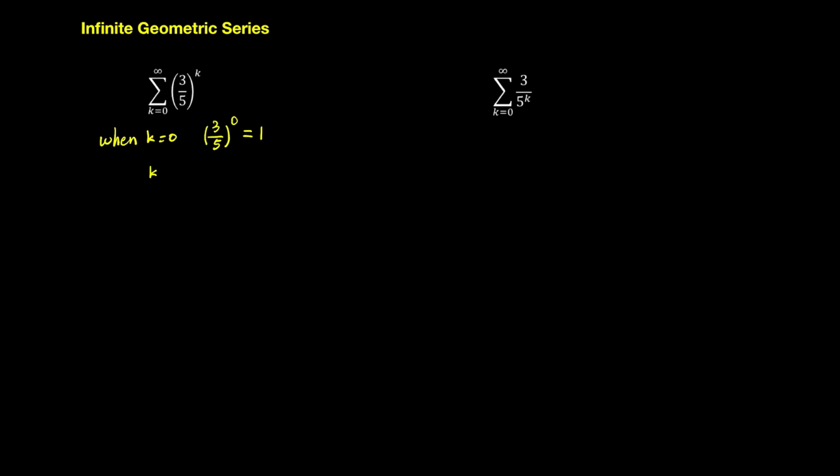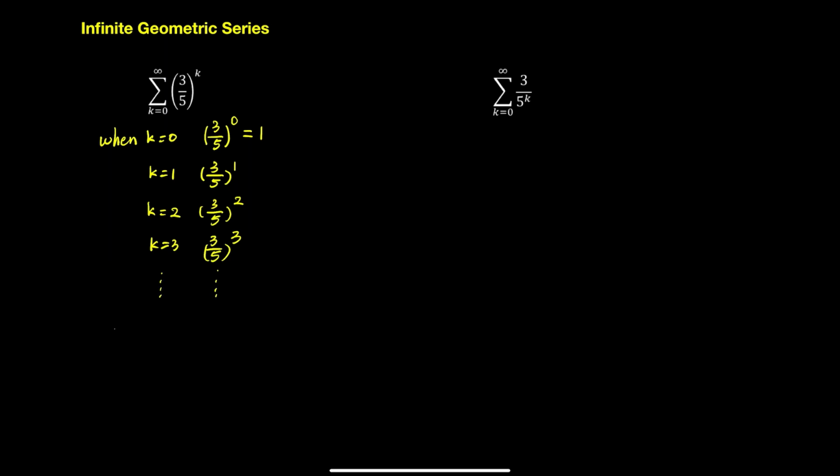When k is 1, we have 3 over 5 to the power of 1. When k is 2, we have 3 over 5 to the power of 2. You can go further, k equals 3, 3 over 5 to the power of 3, etc.